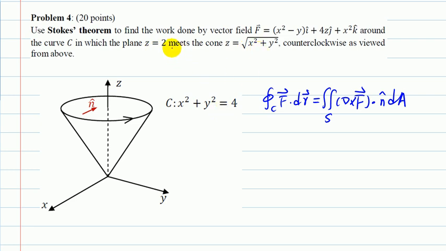Essentially, when you plug in the 2 over here, this circle, when you project it, will be x squared plus y squared equal to 4. The curve is counterclockwise as viewed from above.